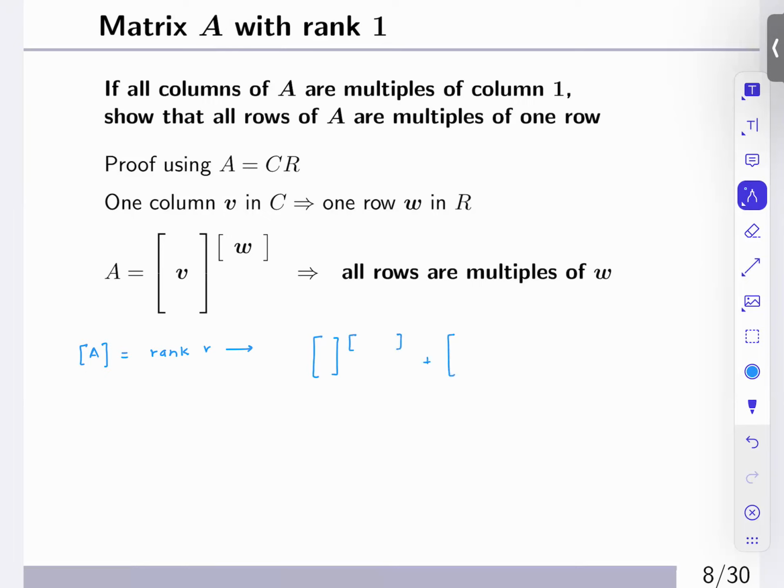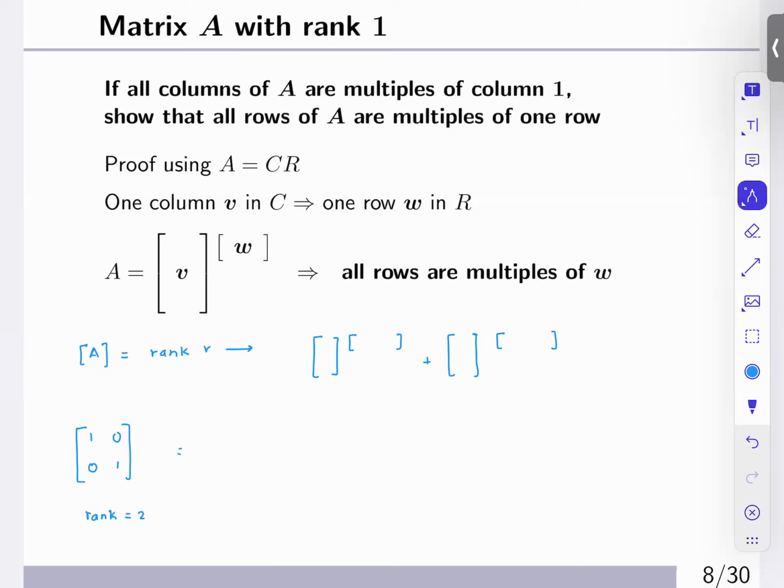So I will show you what I mean by that. Imagine I have a matrix 1, 0, 0, 1. What is the rank of this matrix? The rank of this matrix is 2. Do you agree with me?